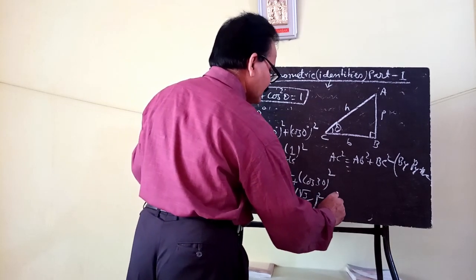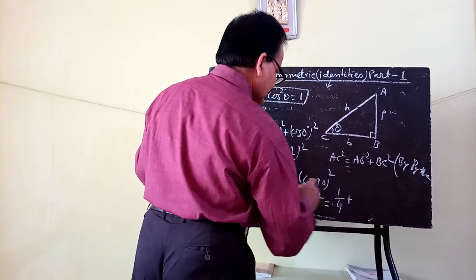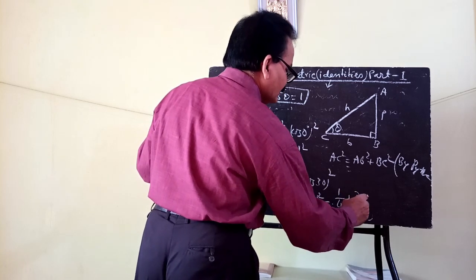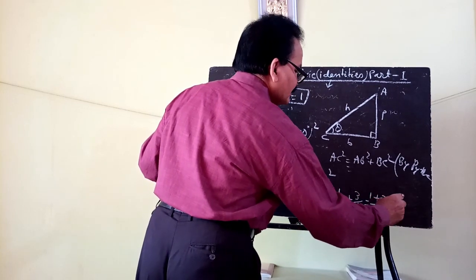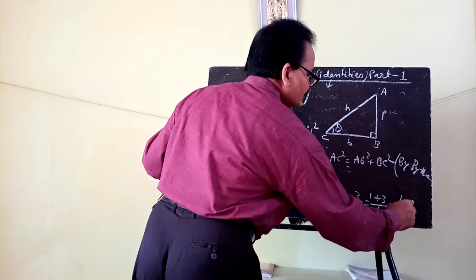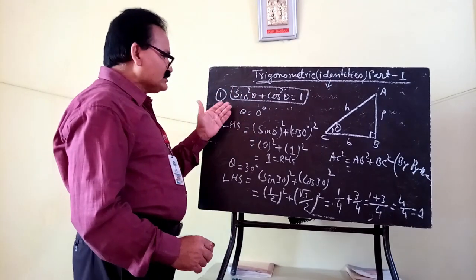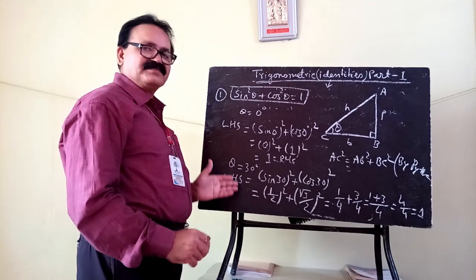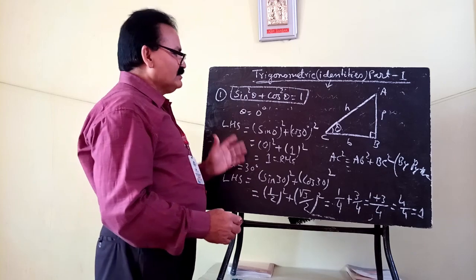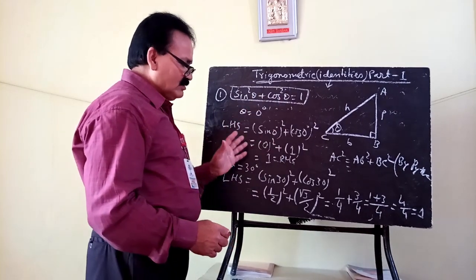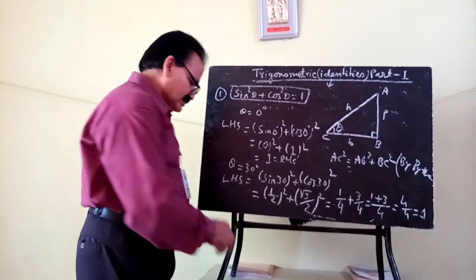So final answer is 1 by 4 plus 3 by 4, then 4 is your LCM. So 1 plus 3 is 4 by 4. So again it will be 1. So similarly for theta 45 degree, theta 60 degree, theta 90 degree, you will see that for all values of theta, you will always get 1 on the RHS, so it is an identity.